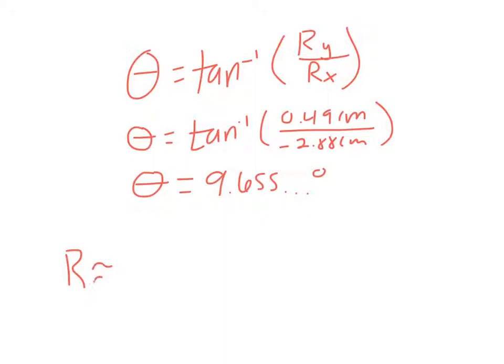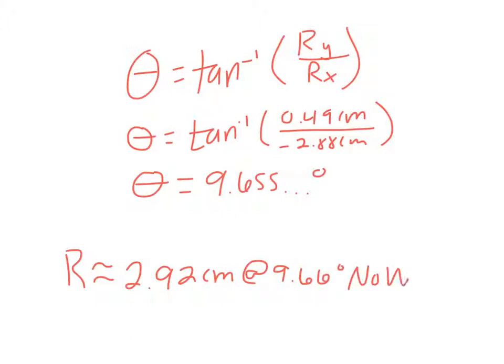So my total resultant, and again, we're just going to round everything to 2 decimal places, is approximately 2.92 centimeters at 9.66 degrees north of west.